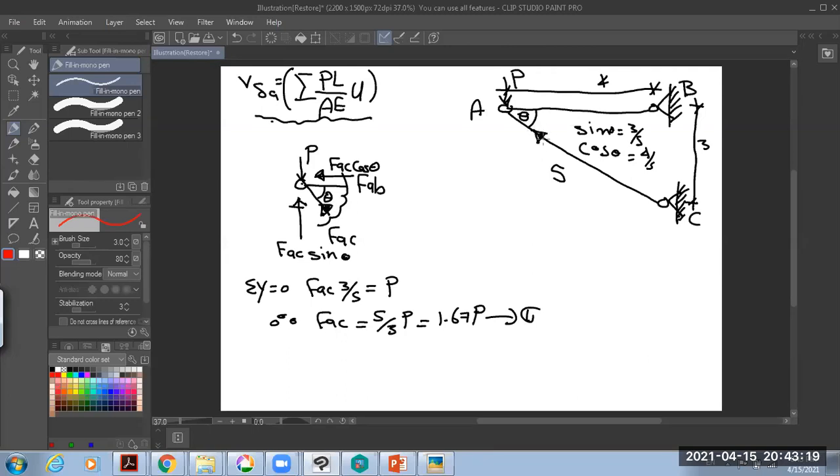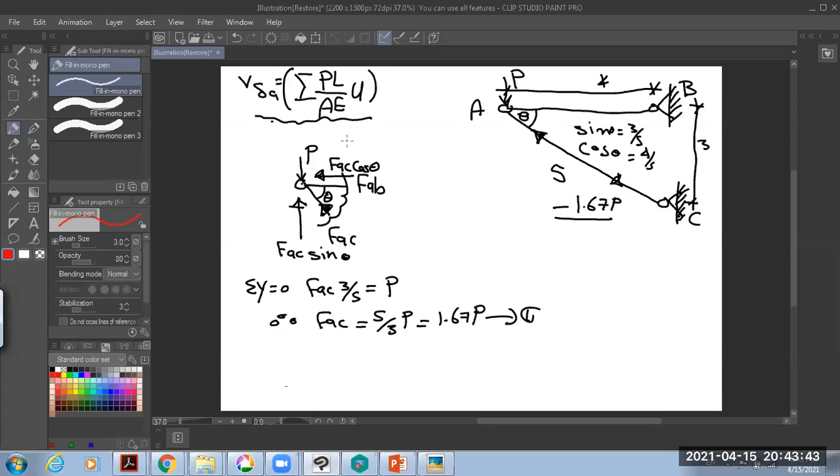Compression means minus. So this force is minus 1.67 B. I now get the internal force in member AC. Right? What about member AB?